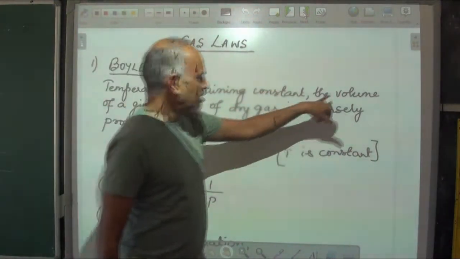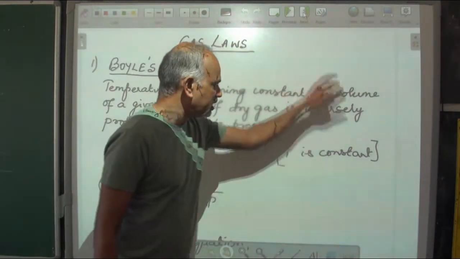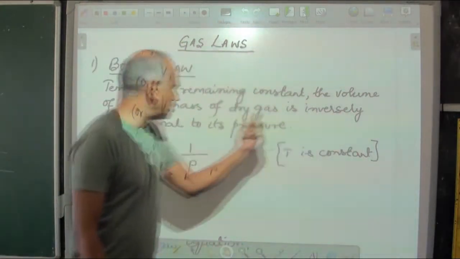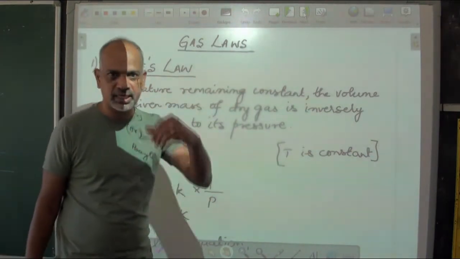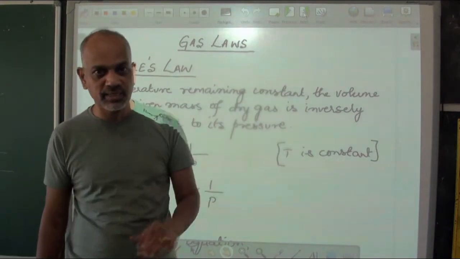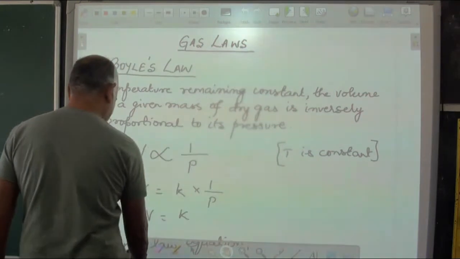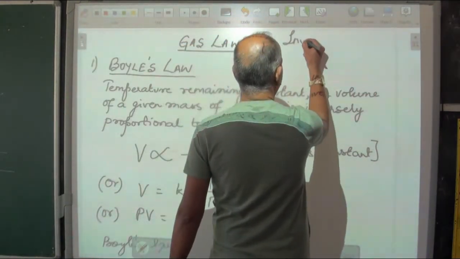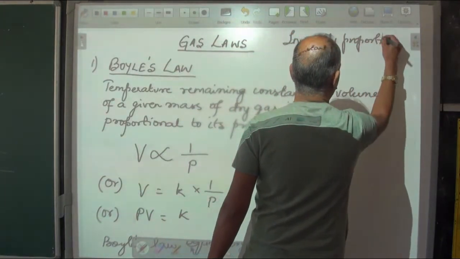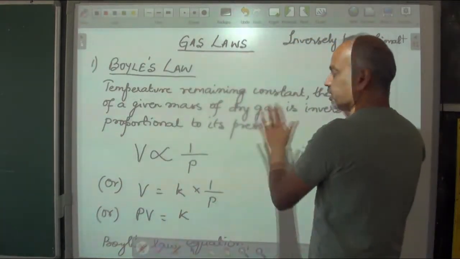It means, if volume increases, pressure will decrease. If volume decreases, pressure will increase. That is what is called inversely proportional. If one quantity increases, the other quantity decreases. If one quantity decreases, the other quantity increases. So, inversely proportional. There are two quantities here, volume and pressure.